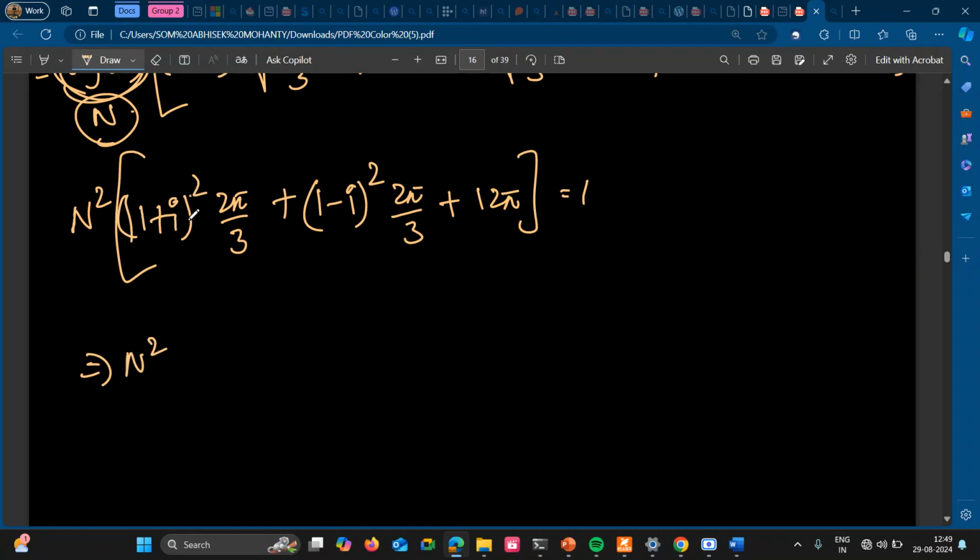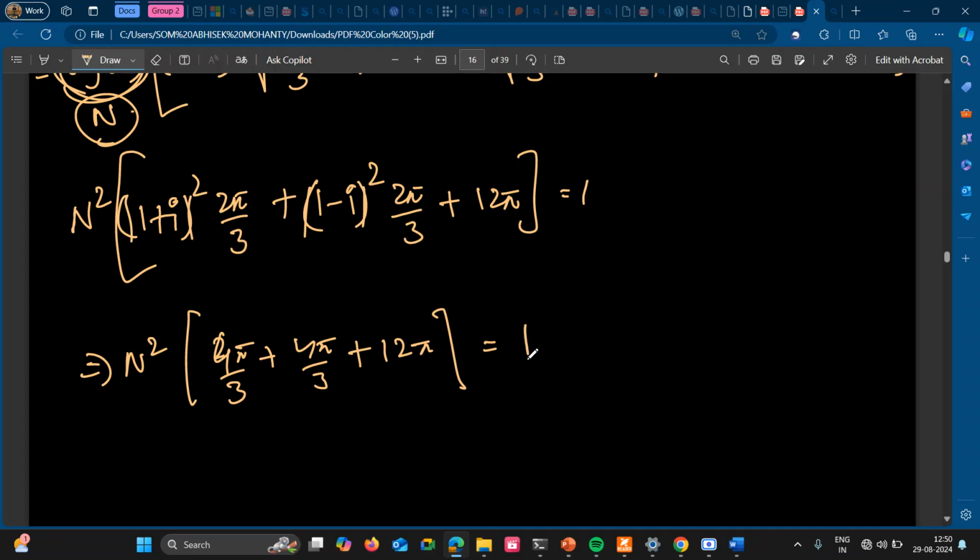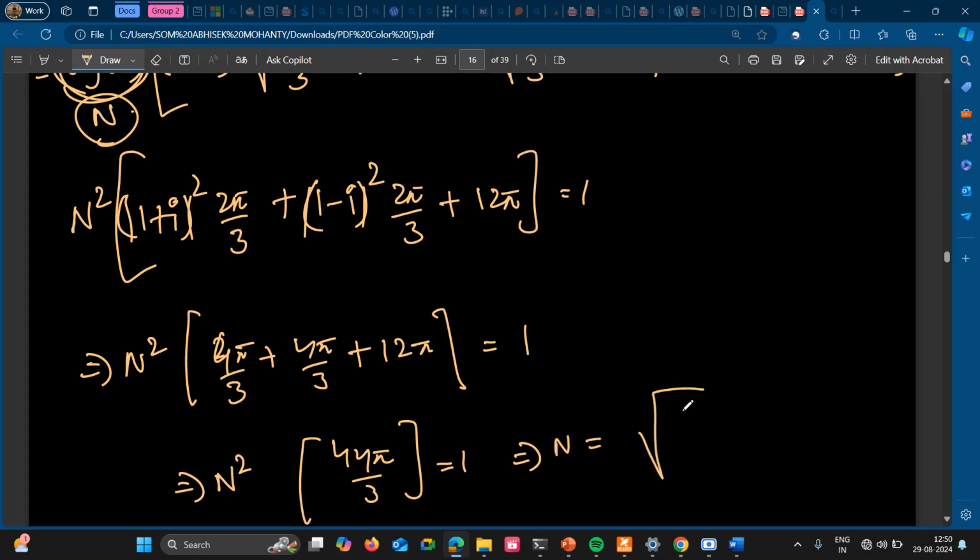So n square. This is actually like this. 1 plus i mod is root 2, square is 2. So this is 4 pi by 3 plus 4 pi by 3 plus 12 pi is equal to 1. So n square 36 pi, 8 plus 36, 44 pi by 3. That is 1. So n is equal to root over of 3 by 44 pi.